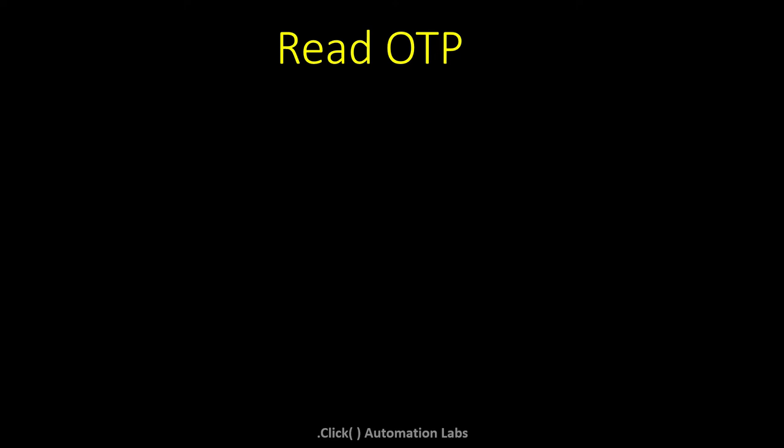But now we will discuss how we can automate OTP transactions in a better way. We can ask our developers to generate the OTP and send it to any of your test Gmail accounts.